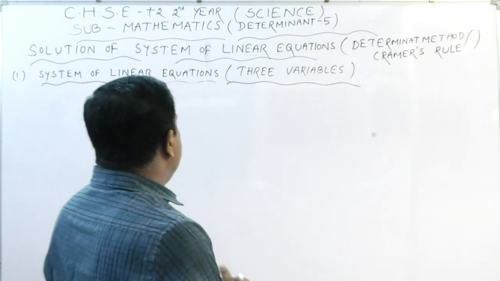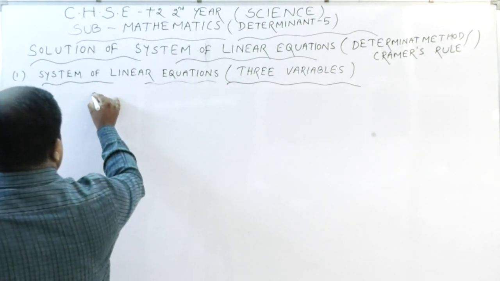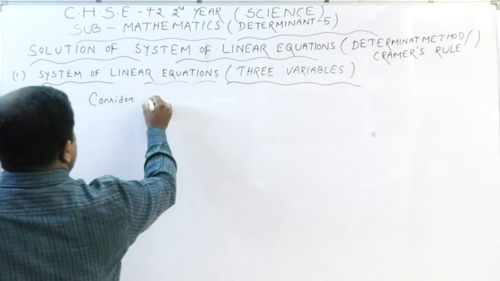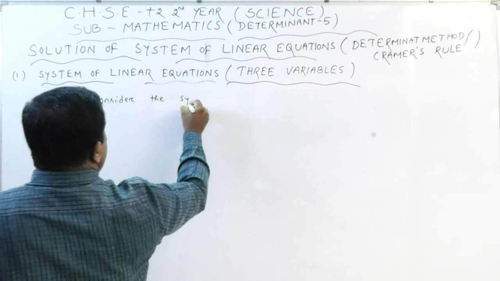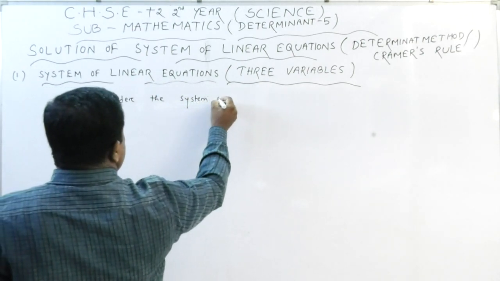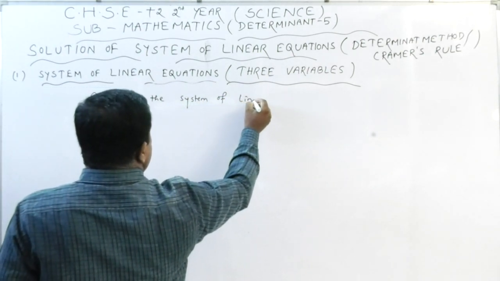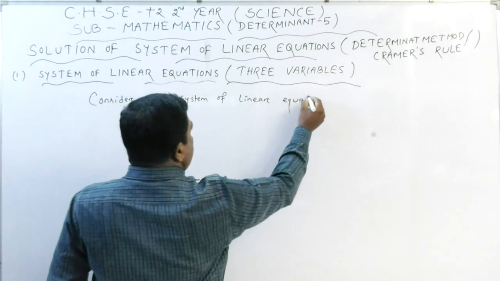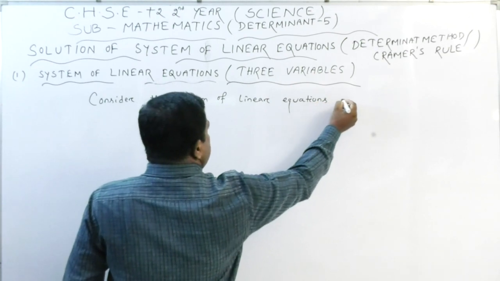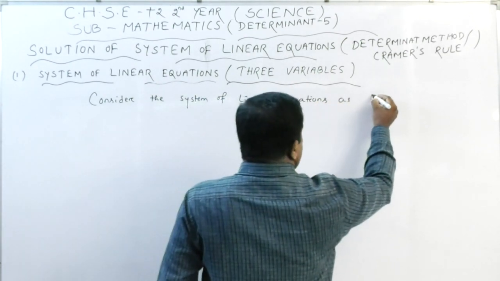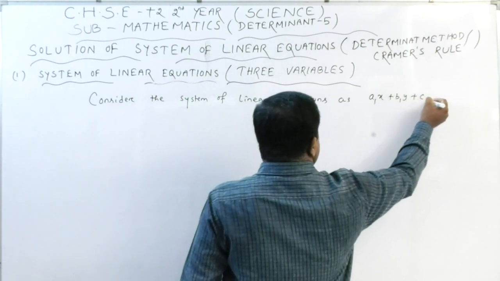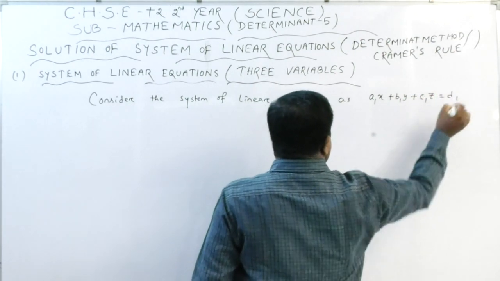Consider the system of linear equations as a1x plus b1y plus c1z equal to d1.